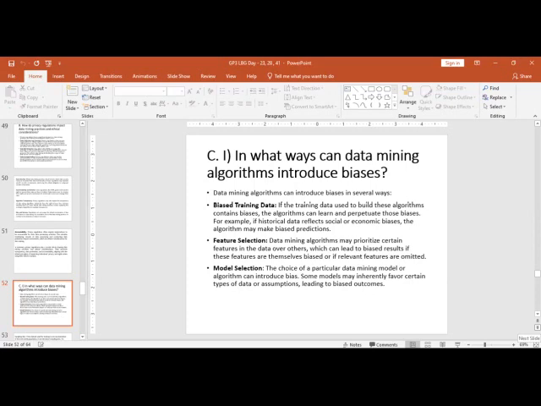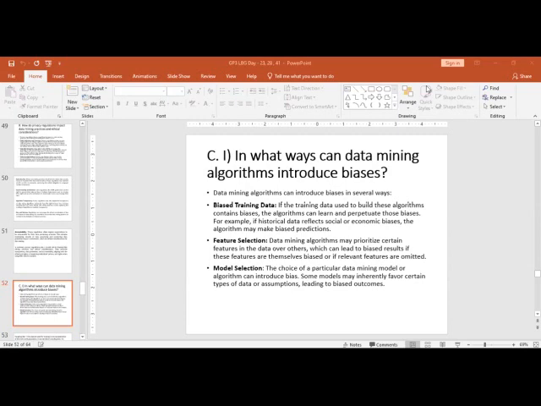If the training data used to build these algorithms contains bias, for example, if historical data reflects social or economic biases, the algorithm may make biased predictions.